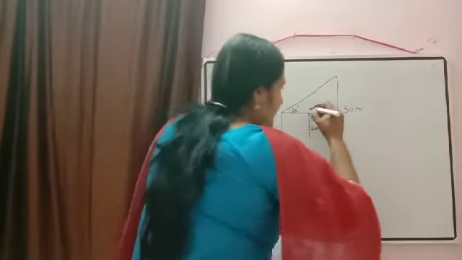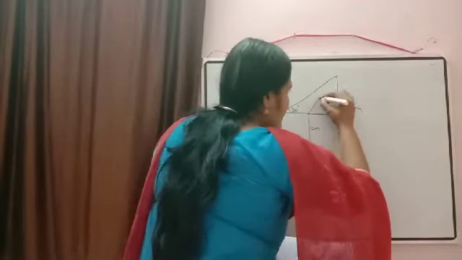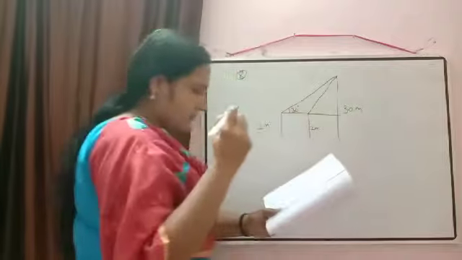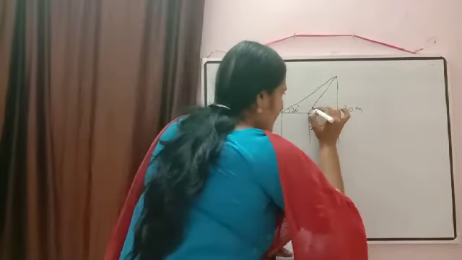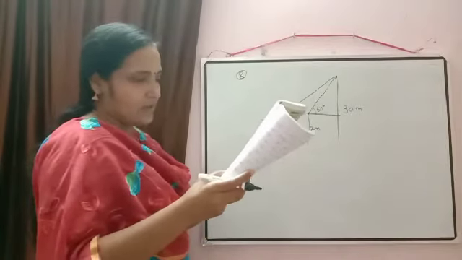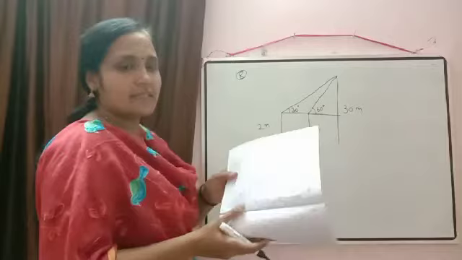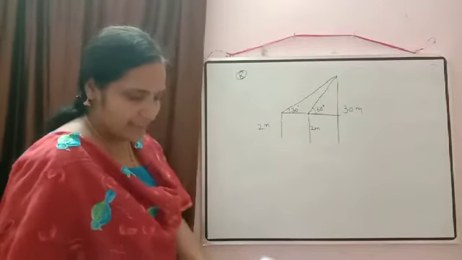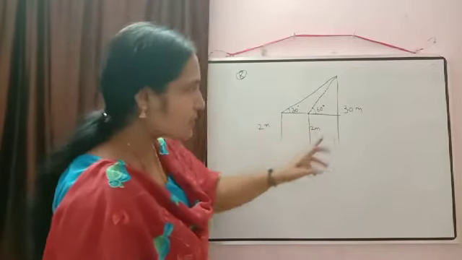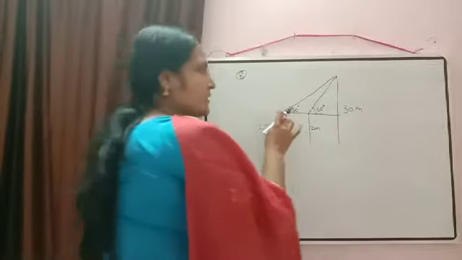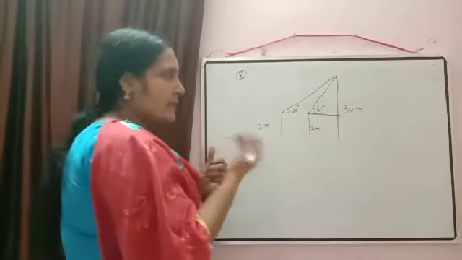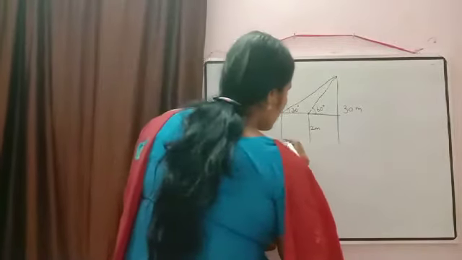So, in this case, angle of elevation is how much? 60 degree. This angle is given 60 degree. Now, question is find the distance he walked towards the building. So, this distance only we have to calculate there. So, here we can mark some points.